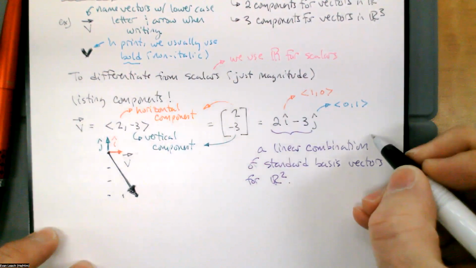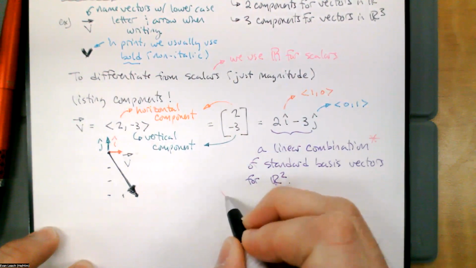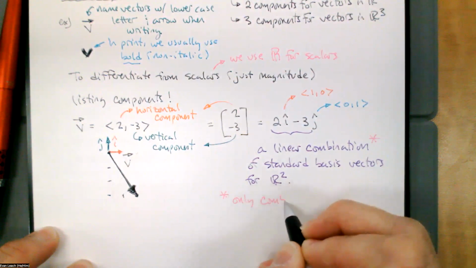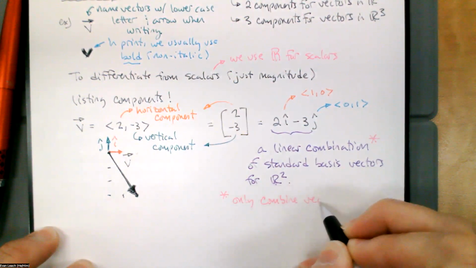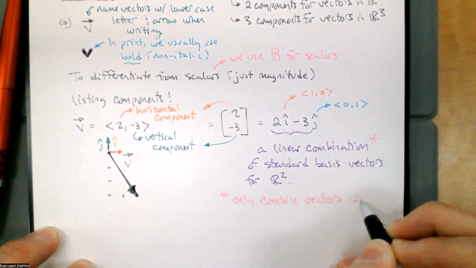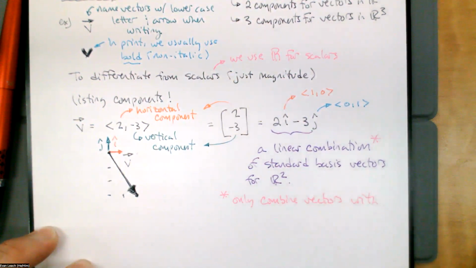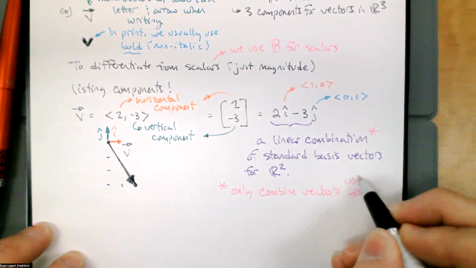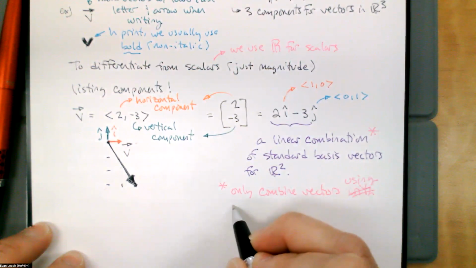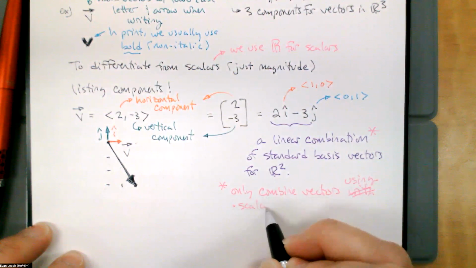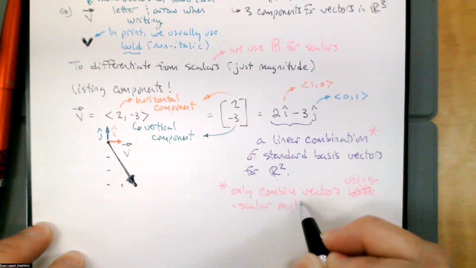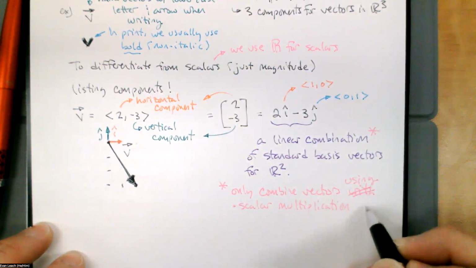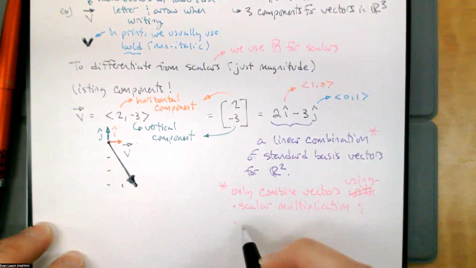So a linear combination means we're only going to combine vectors, I should say, using scalar multiplication and vector addition.